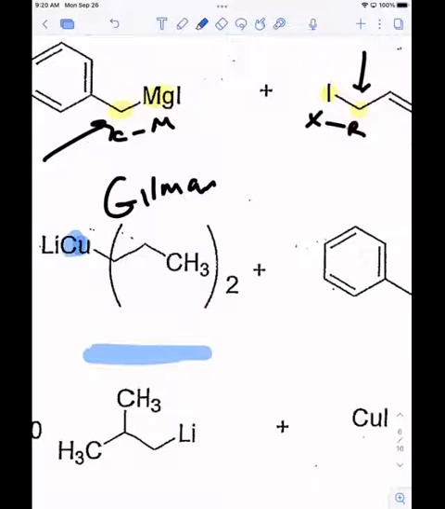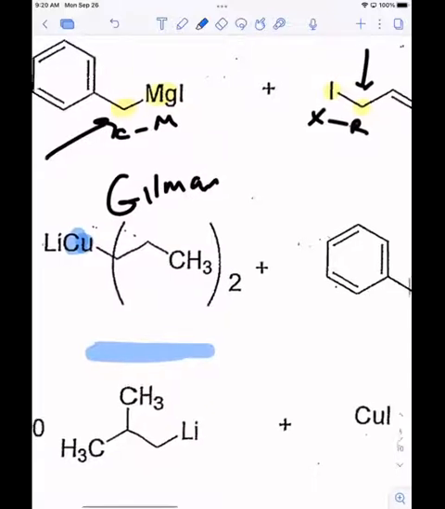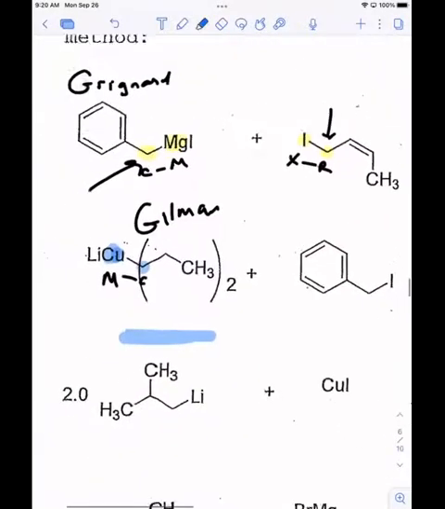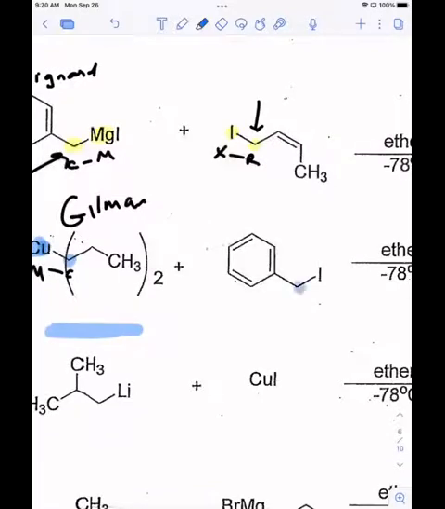Once we identify the organometallic, we know that some part of that organometallic is going to be CM. So obviously copper is my metal, this is my carbon, and then I'm going to be reacting that with this, which is RX. I can always identify X by the halogen.